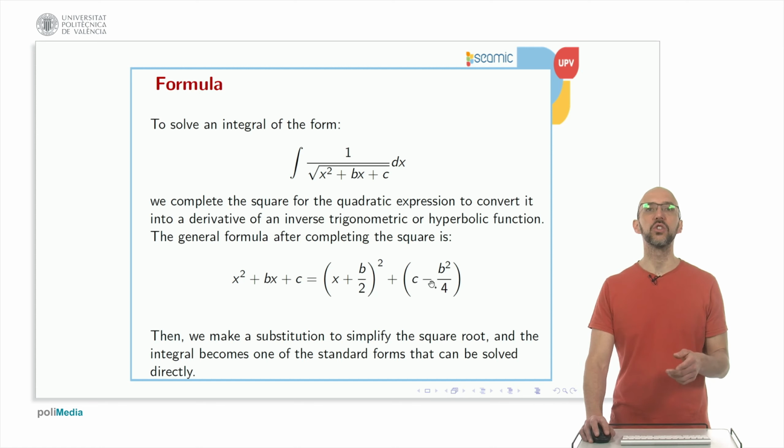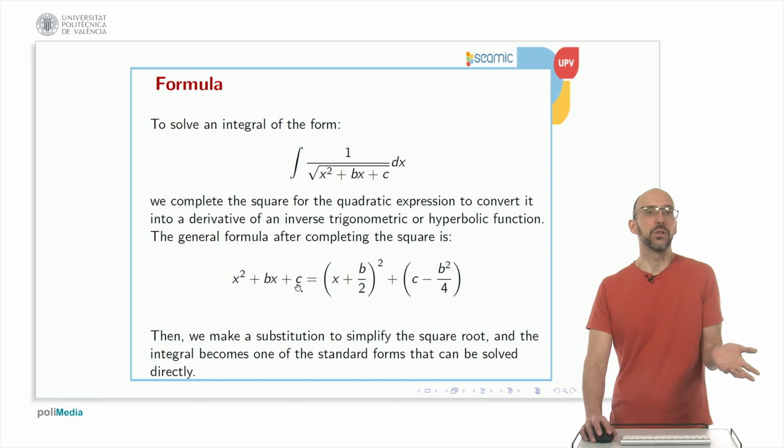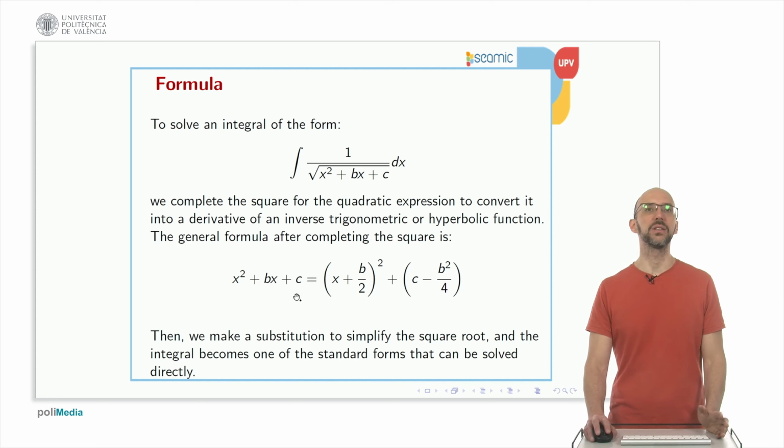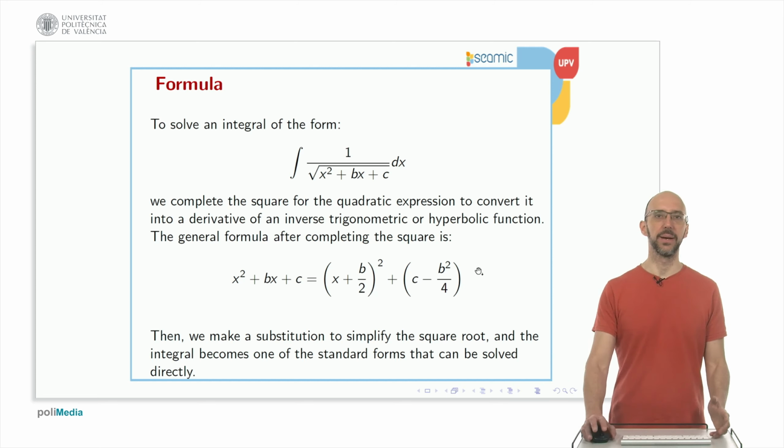That is the reason I subtract b squared divided by 4, the square of this number. C is the number it was before, so it's very simple. The idea is when you see something like this, you can write it in this form, completing squares, just by taking this number, dividing by 2, and subtracting this constant square. So it's not difficult. We will see an example.